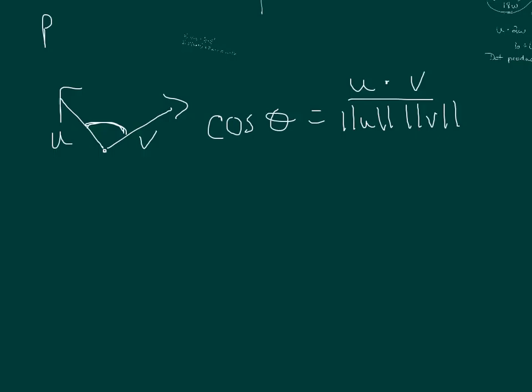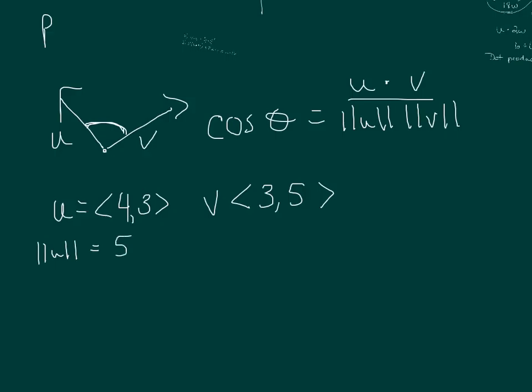So if we have vector u, which is 4, 3, and vector v, which is 3, 5, I want to find the angle between those two vectors. So first of all, I need to know what is the magnitude of vector u? 5.